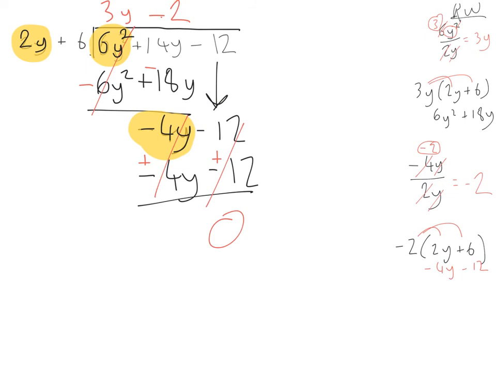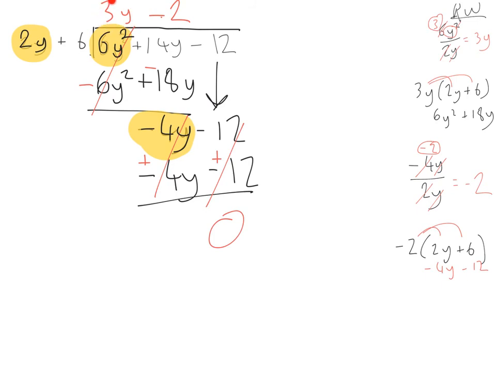So just a quick recap of that. We always start off by dividing the highest power inside of the bus stop by the highest power outside of the bus stop. So 6y squared divided by 2y is 3y. That 3y then goes on top of the bus stop. That's the first part of your answer.